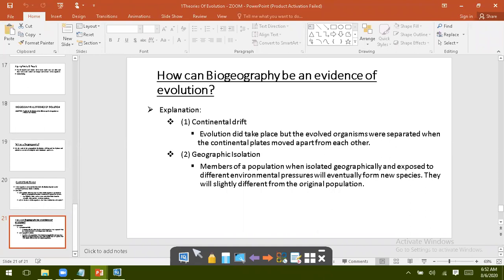Geographic isolation. In natural selection theory, geographic isolation is one contributing factor to speciation, or the formation of species.